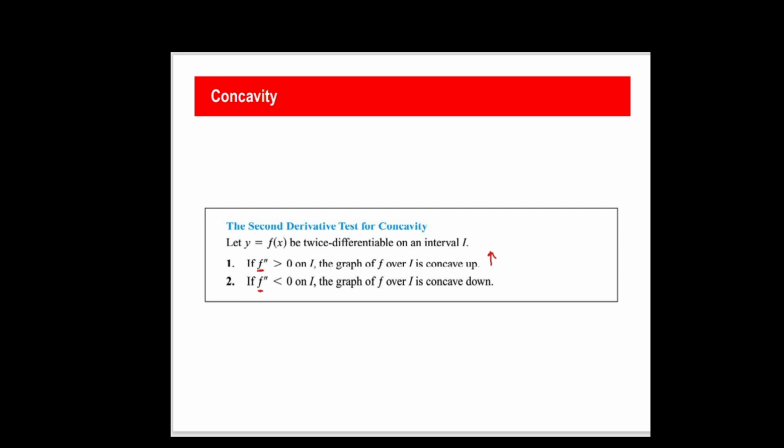And if f double prime is less than 0 on I, the graph of f over I is concave down. I think it's pretty straightforward. When you're talking about something positive, you can always relate it with upwards: positive upwards, and negative downward. This will help us to sketch the graph later on.